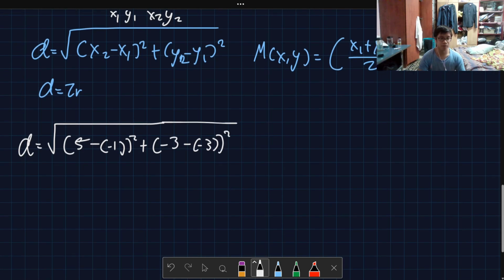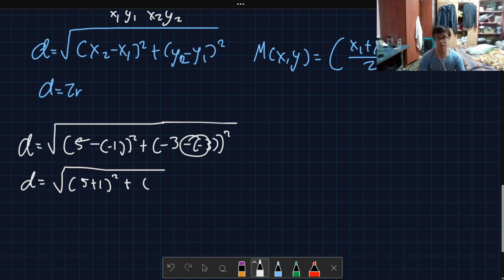Now we will solve it. 5 minus negative 1, so minus negative becomes 5 plus 1. Here we have similarly negative minus negative, so that means we will have plus 3.